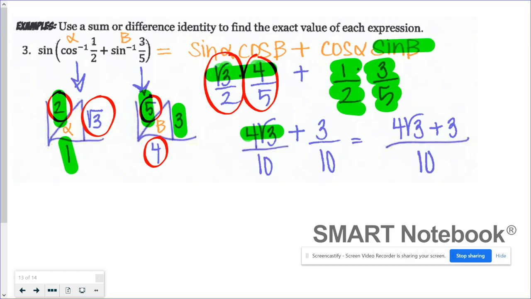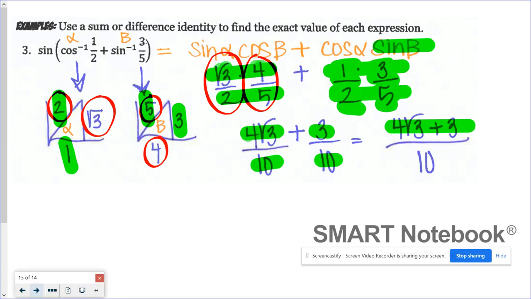It doesn't work that way. On the bottom, 2 times 5 is 10. And then 1 times 3 is 3. 2 times 5 is 10. And then I can't really combine my two numerators and get one simple number. It just doesn't work that way. So that's why I have 4 root 3 plus 3 in the numerator all over 10. And that's my final answer.